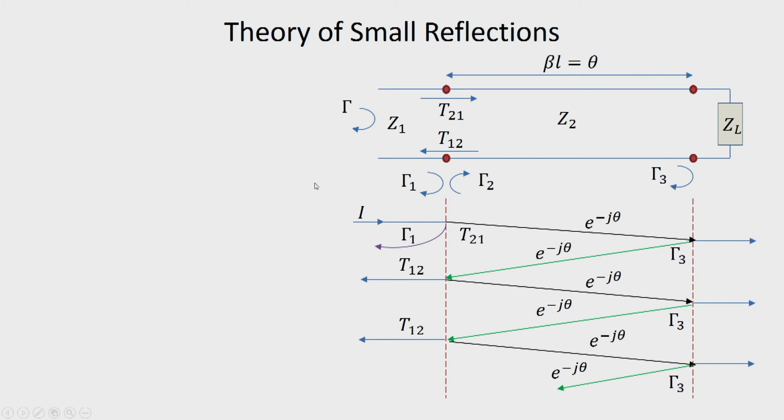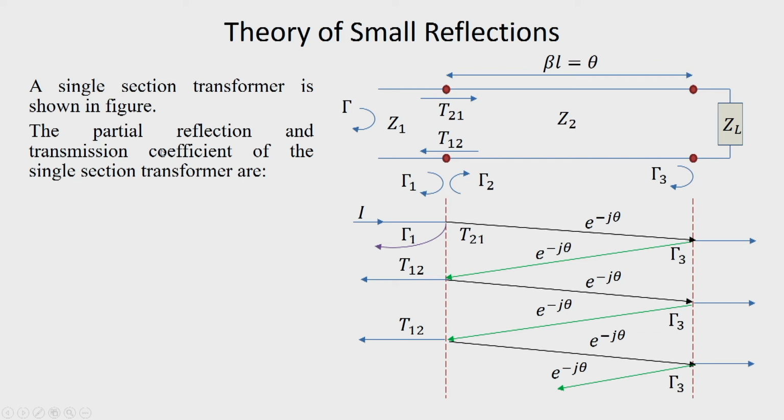We are considering a load impedance ZL, a transmission line of characteristic impedance Z1, and in between we have another section of a transmission line with characteristic impedance Z2, and the electrical length of this section is beta L is equal to theta. So, this is essentially a single section transformer, and we define the partial reflection and transmission coefficient.